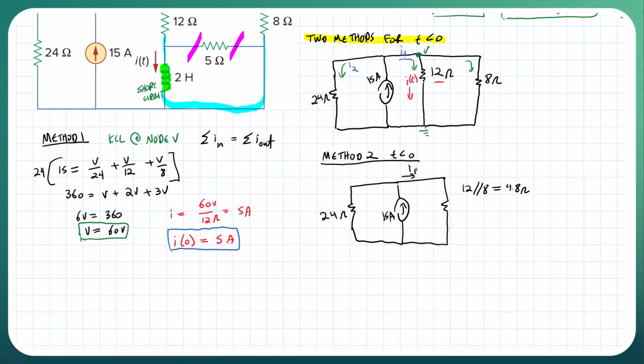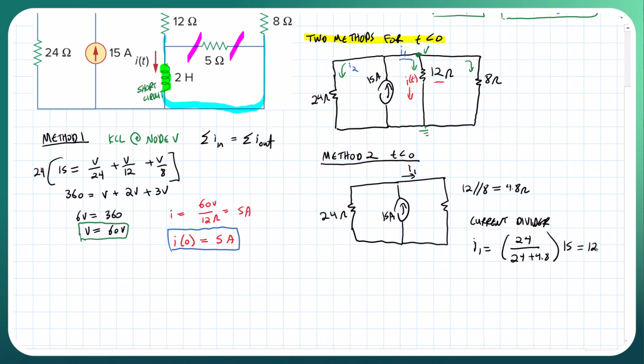Alright, so now we can do a current divider. I sub 1 equals 24 over 24 plus 4.8 times the 15 amps.